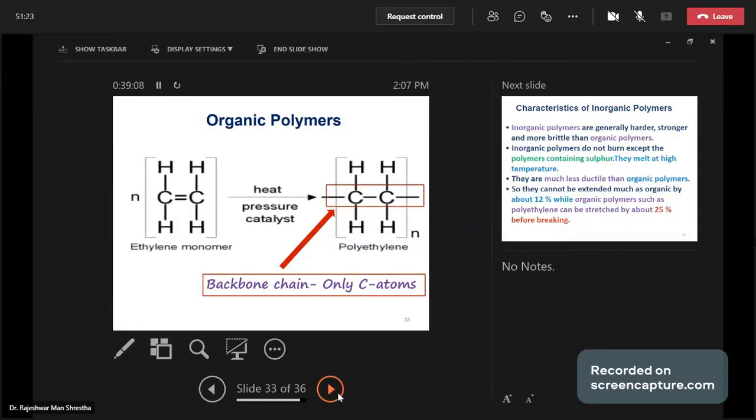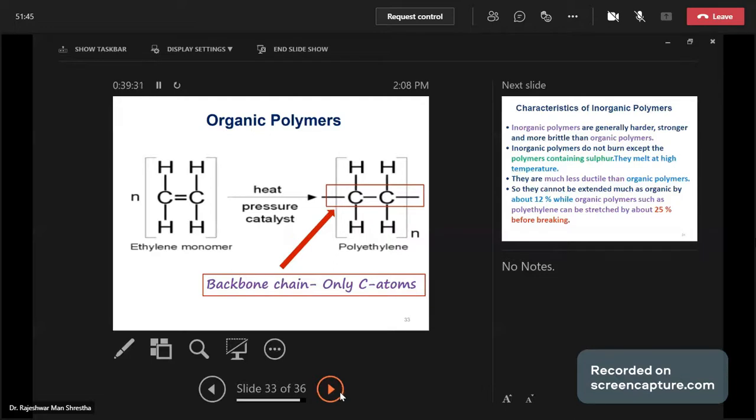And this polyethylene is formed by combination of large number of ethylene molecules in presence of heat, high temperature, pressure, and catalyst. When large number of ethylene molecules combine, a molecule known as polyethylene is formed.